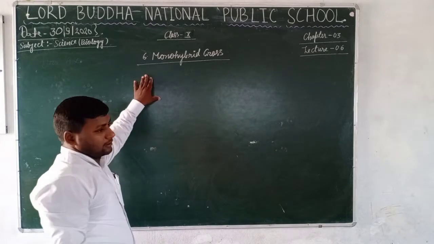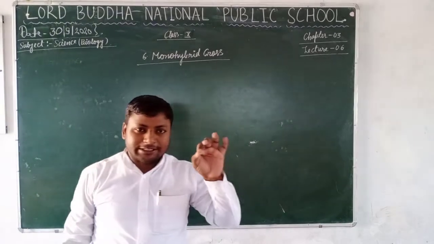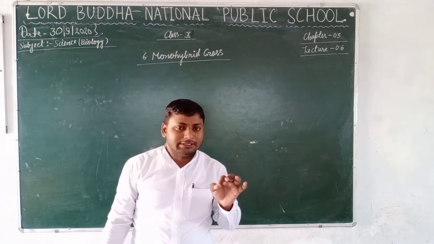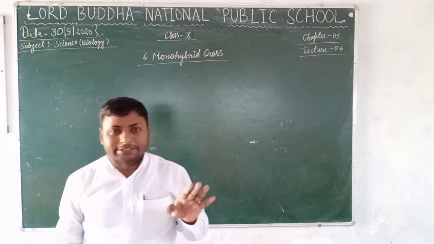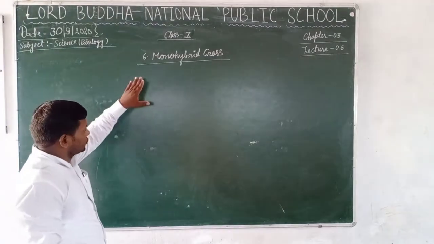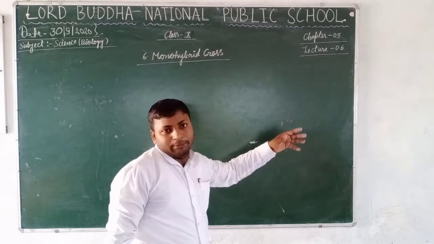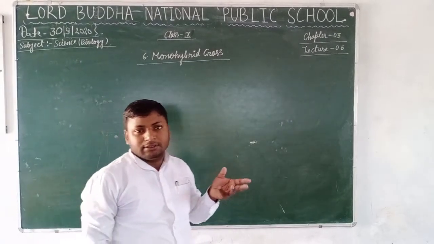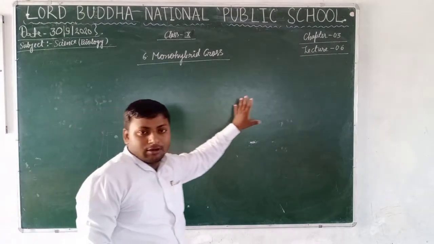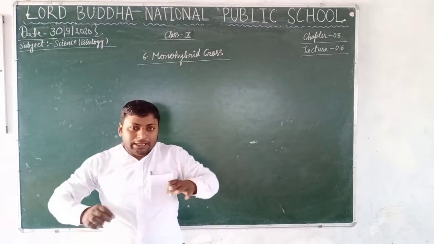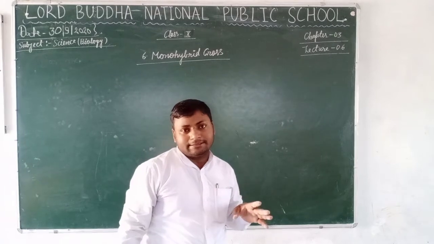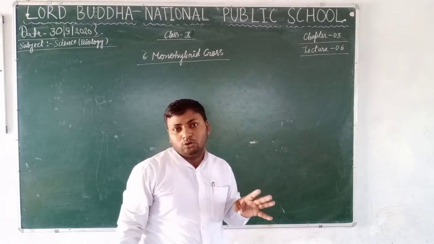in the previous lecture I defined the 7 selected traits of Pisum sativum. It means sweet pea or green pea, which was selected by Mendel for his experiment. So students, what is a monohybrid cross? The monohybrid cross may be defined as the process of cross hybridization in which only one characteristic or trait is considered.